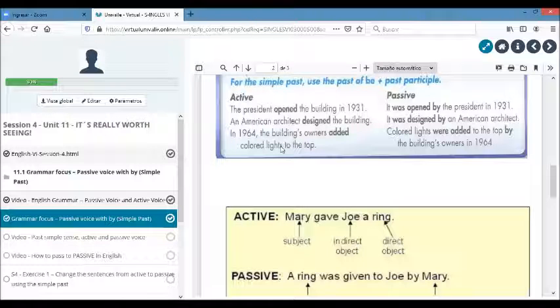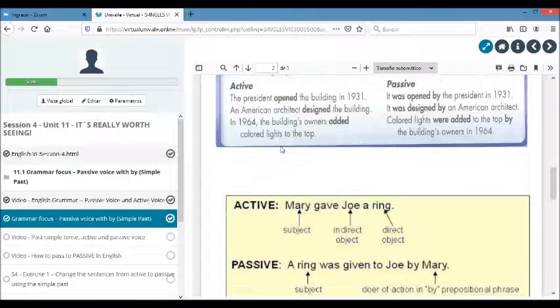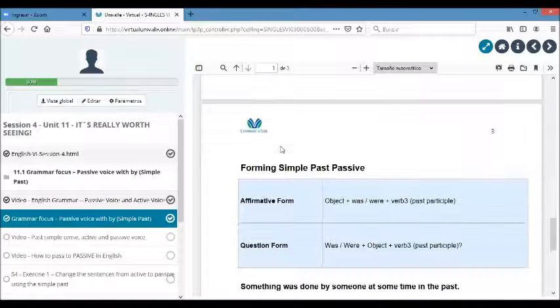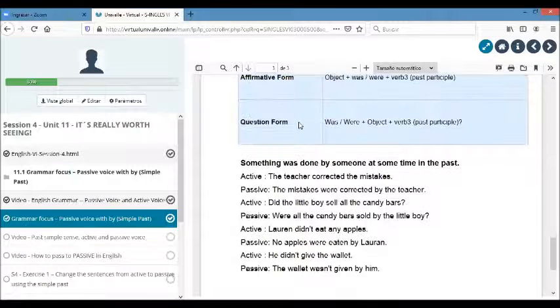Un arquitecto americano diseñó el edificio. Entonces esa es la voz activa. Para la voz pasiva fue diseñado por un arquitecto americano. It was designed by an American architect. Tenemos el pronombre personal it, was en este caso, designed, el verbo en pasado participio, by, la preposición y luego quién ejerció la acción, ¿ok? Vamos a la general explanation, ¿ok? Vamos a la explicación general.